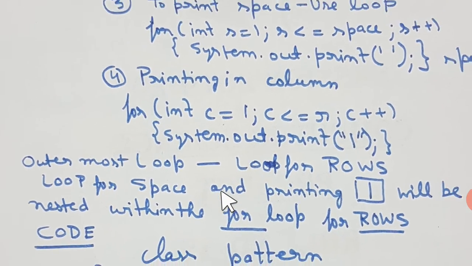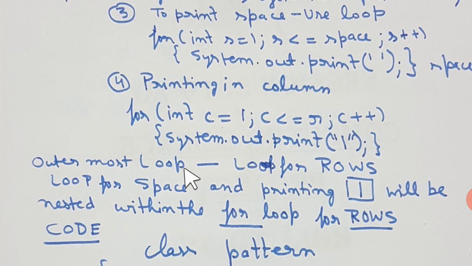Now the process is, the outermost loop is the row. So that will be the row loop, that int r, which will be there. And the loop for spaces and the printing of 1 are going to be nested within the for loop for rows. So that will be the outermost loop.